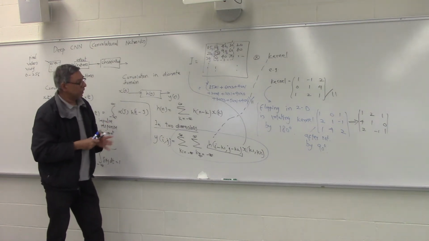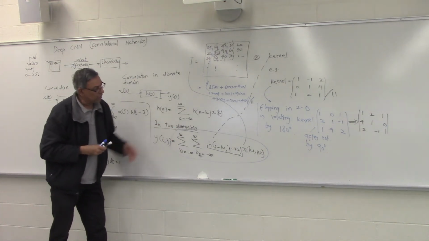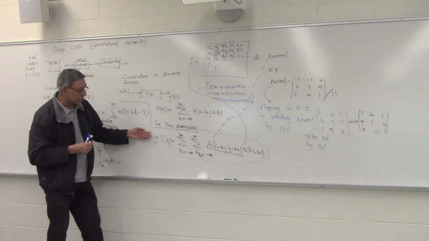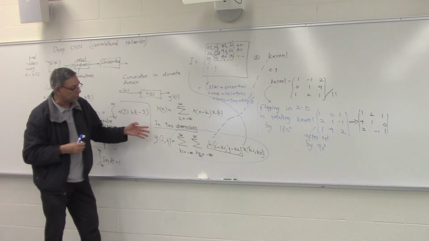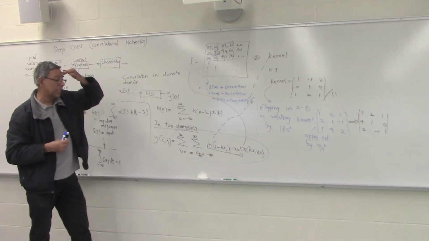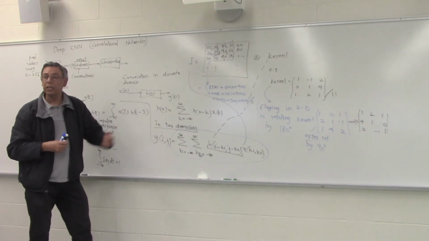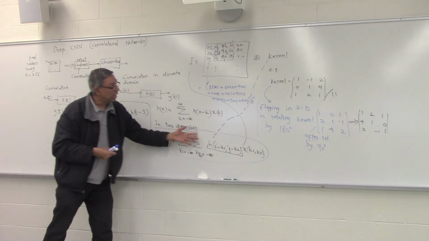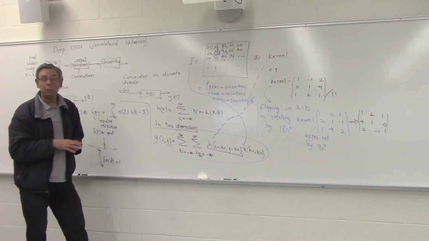Okay, so one reason I'm refreshing this is because today we'll be developing the backpropagation. So it's important to understand how the convolution equation looks so that as we take the derivatives and so on, it becomes clear what we are doing.